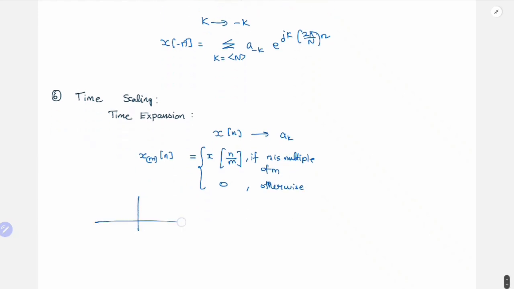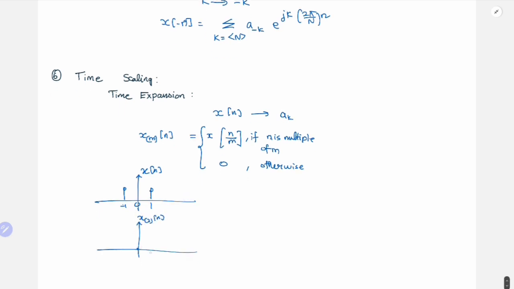For example, if you have 0 and 1, minus 1, this is x of n, and then your x of 2n will be, for 0 it is 0, for 1, since 1 by 2 is not an integer, it will be 0, and at 2 it will be 1, and same as minus 2.